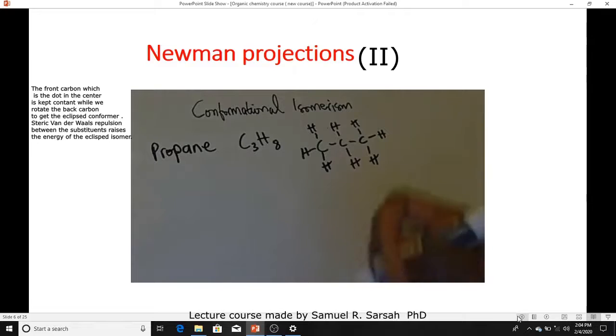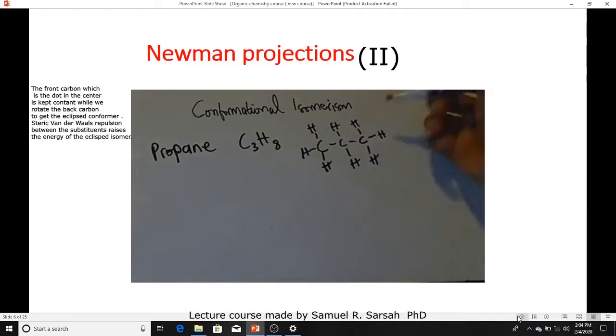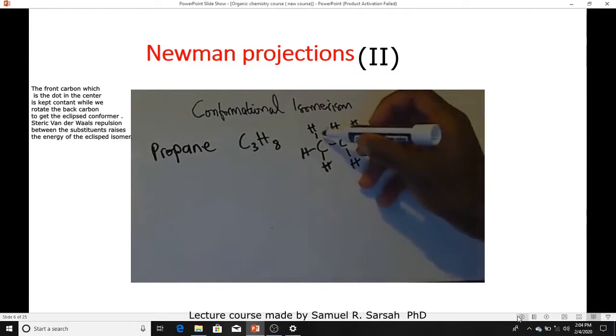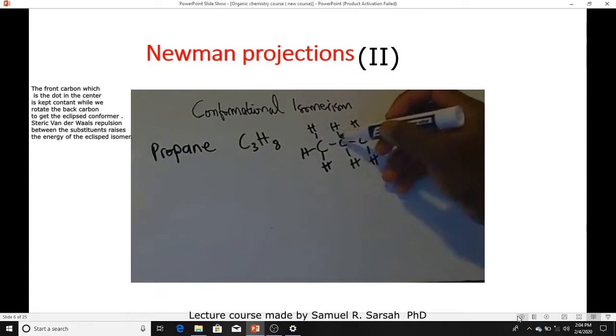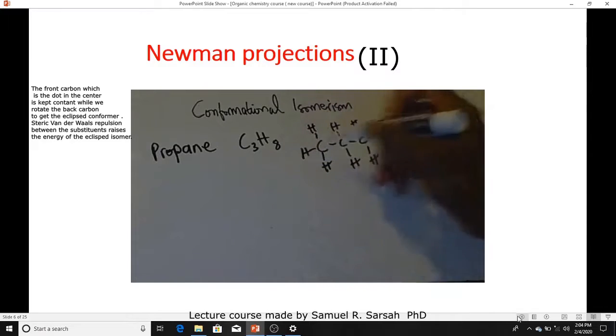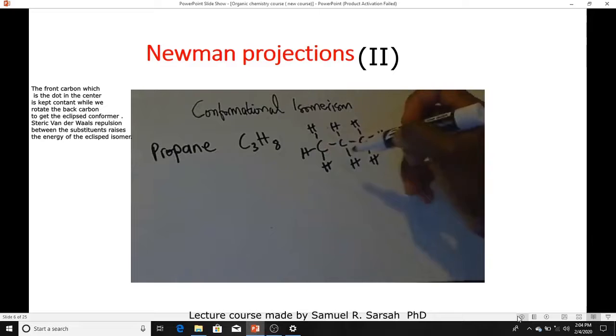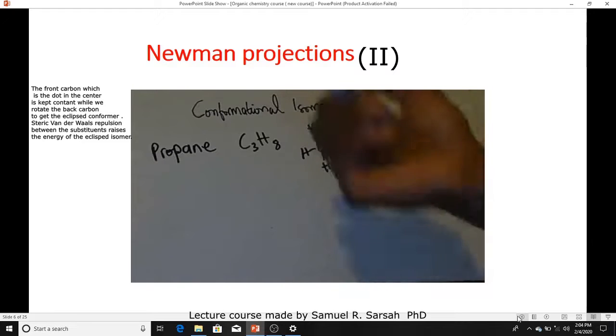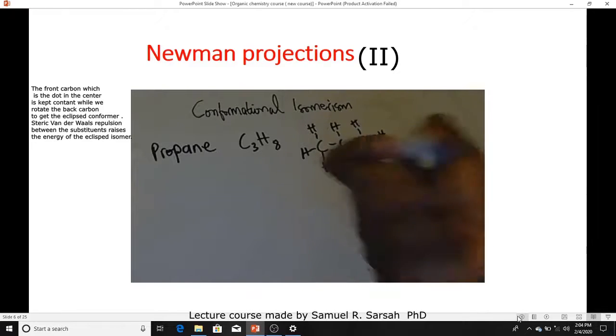Now you can choose to use either this as a front carbon or back carbon. Either way, in every Newman projection you have to choose 2 carbons: which carbon goes to the front and which carbon goes to the back.